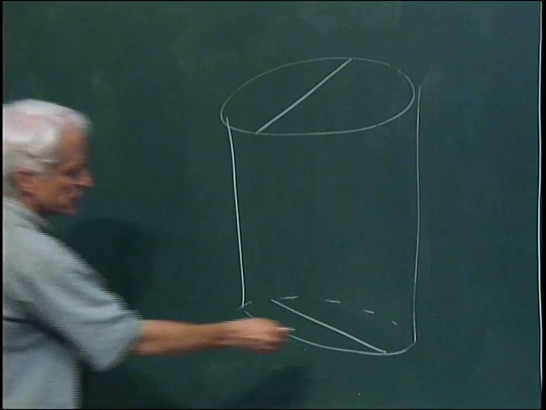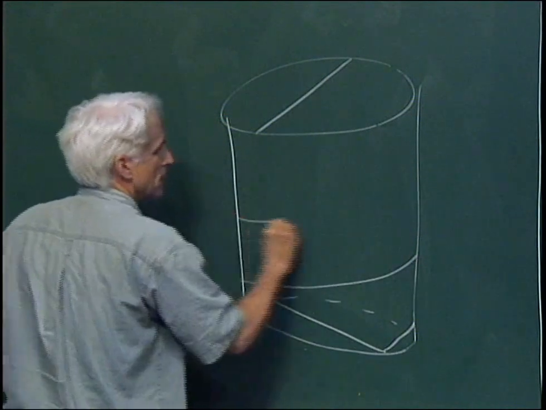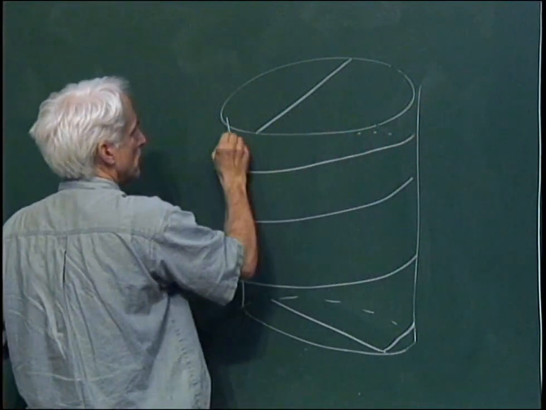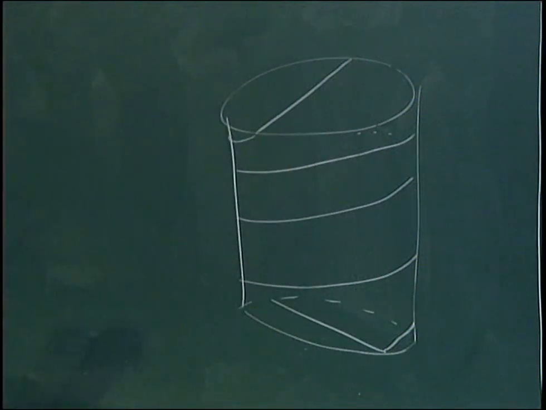I want each of those two curves to be a helix. Okay, and similarly on the other side. So it is a diameter, two straight line segments, and two helices.